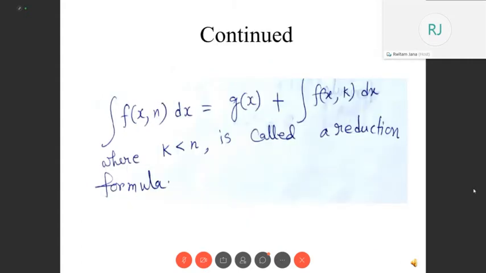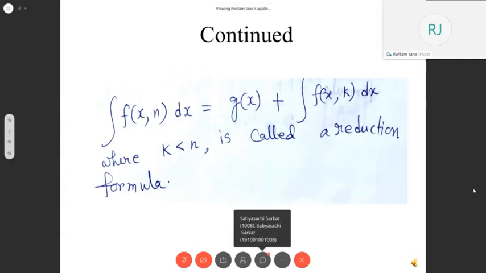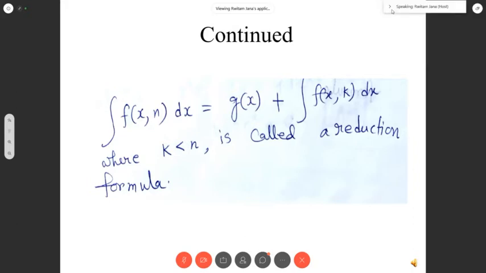What does it mean? Say your I suffix n is equal to integration f of x comma n dx. This is your I suffix n, and after integrating by parts, you get something like this: it is equal to g of x plus integration f of x comma k dx.